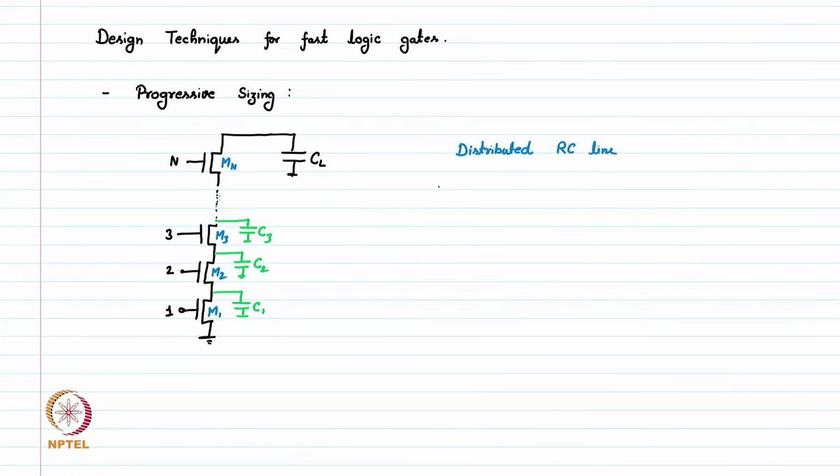where M1 is greater than M2, which is greater than M3 and greater than Mn. So in this, the MOSFET closest to the output is the smallest.